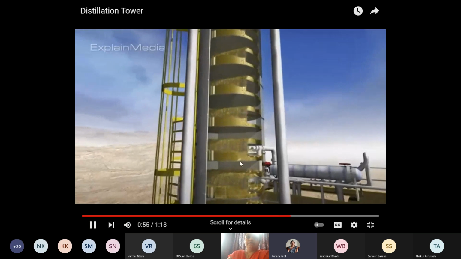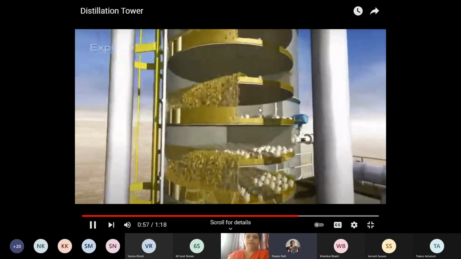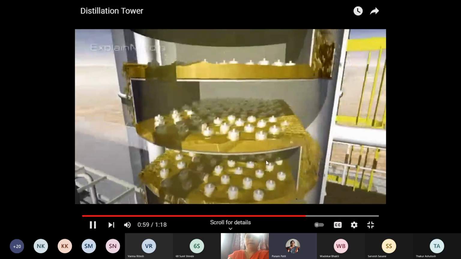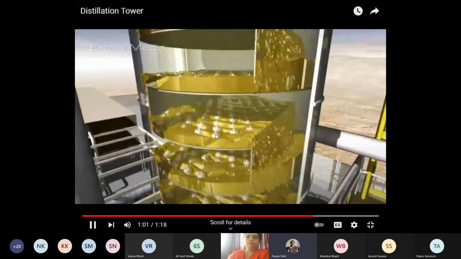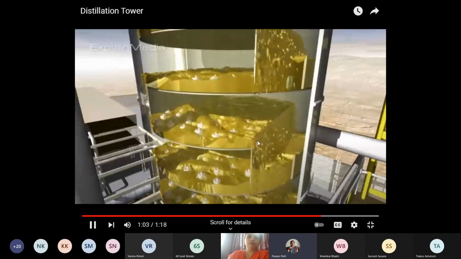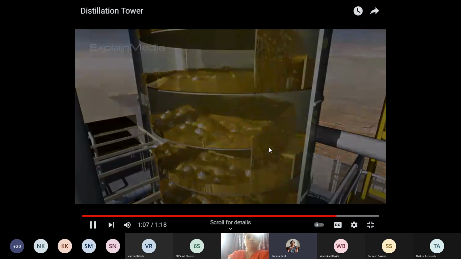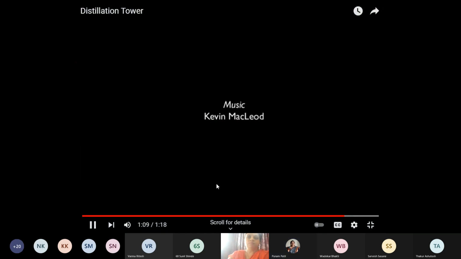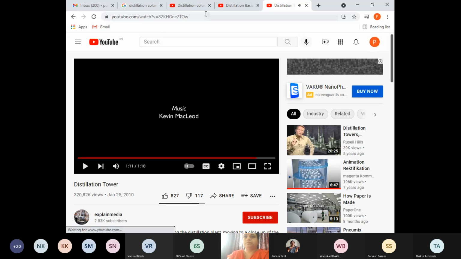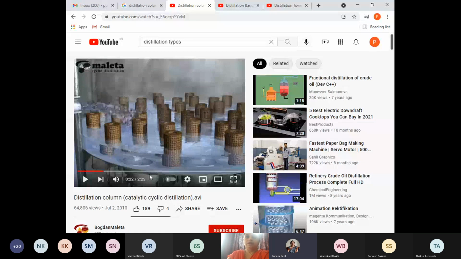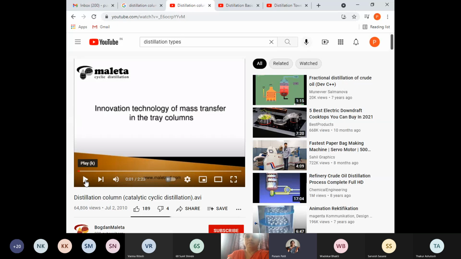As we studied, there are different structures. So this is a tray-like structure. Bubble caps are there, on which the liquid is filled and the vapor rises. So there is contact. This is one more arrangement.